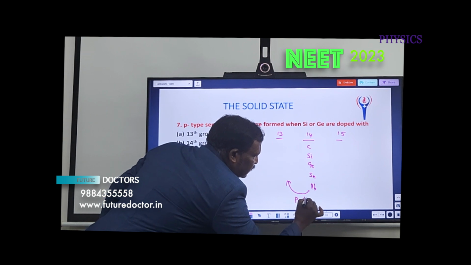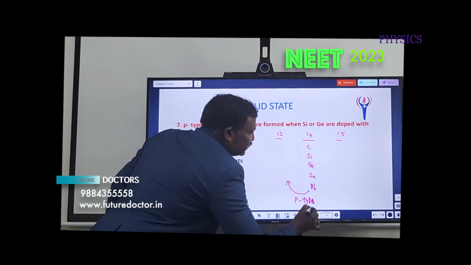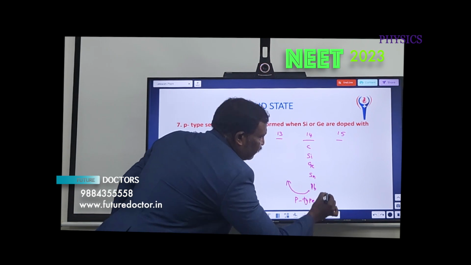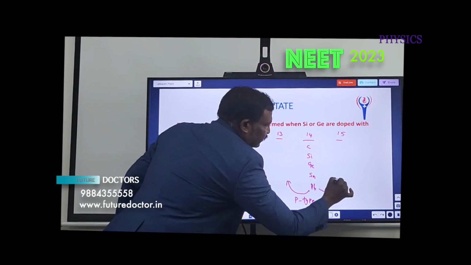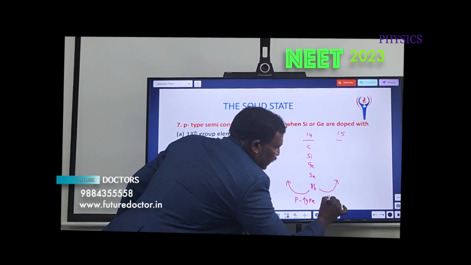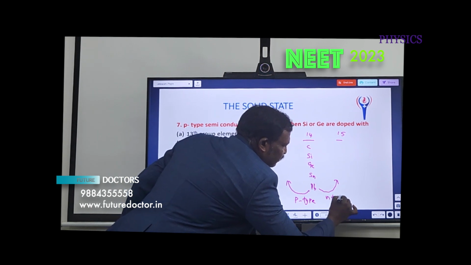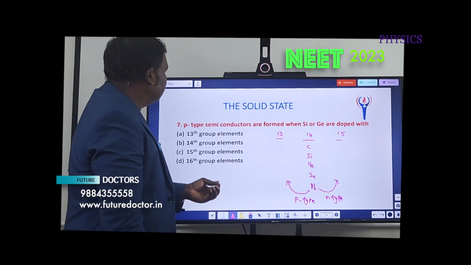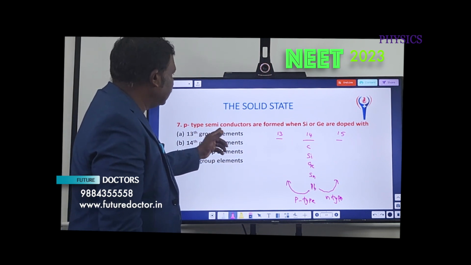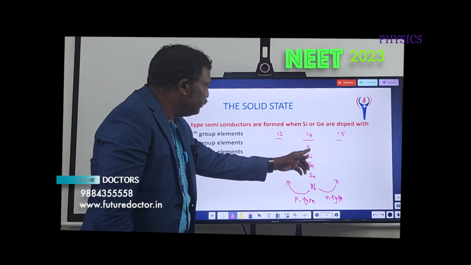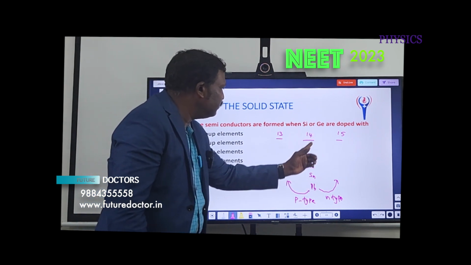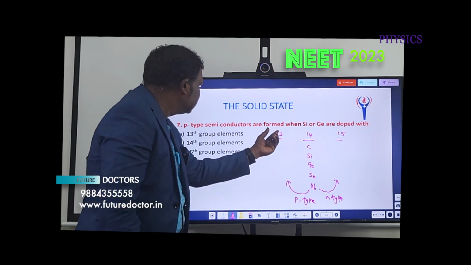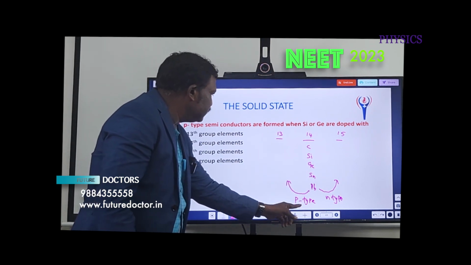If you add with the same elements on this side, we get an N-type semiconductor. Simple. Just remember this; you can use it to solve these sums. If you want a P-type semiconductor, silicon and germanium belong to the 14th group, so it should be added with this group's elements.